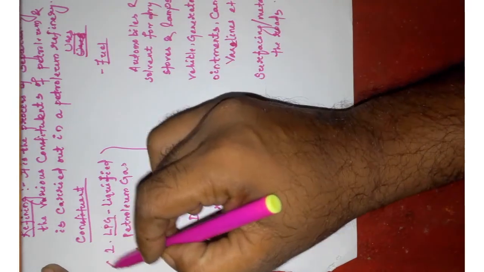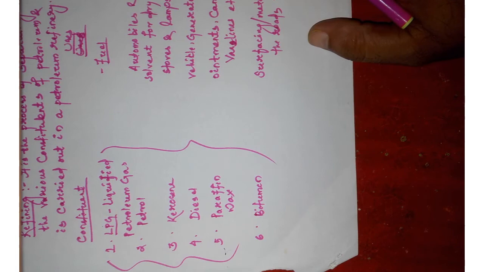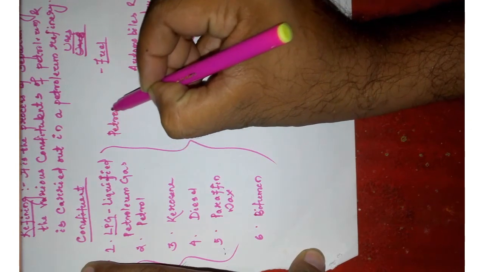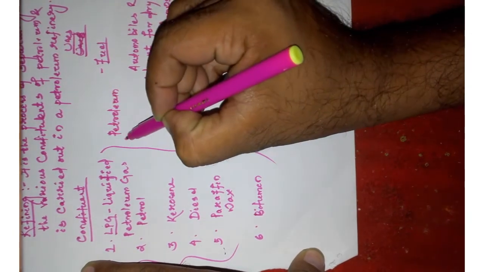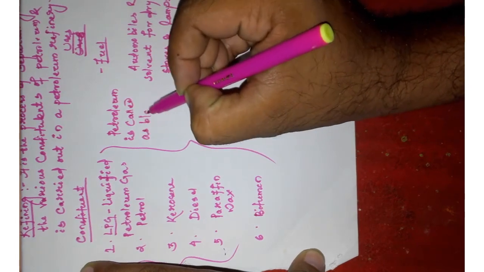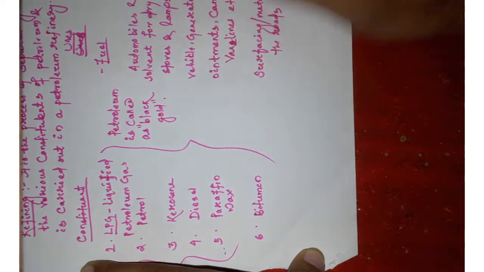You know, all are very important products for commercial uses. That's why petroleum is called as black gold.